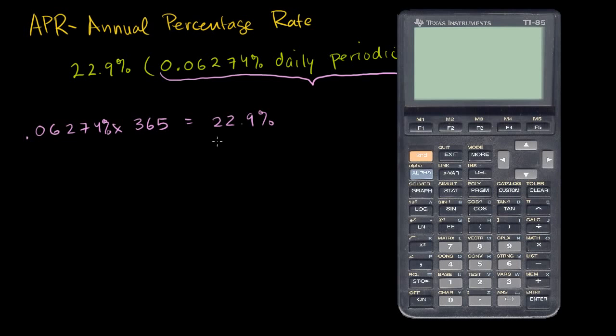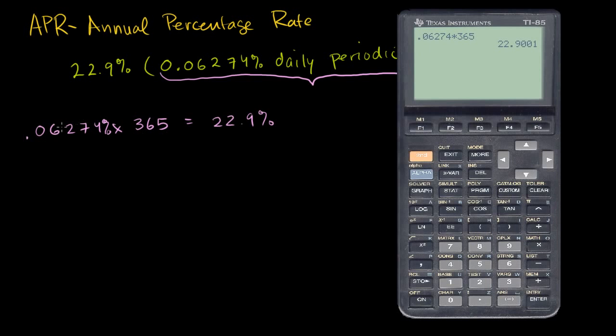I'll take 0.06274, and remember this is a percent, but I'll just ignore the percent sign, since as a decimal I would add 2 more zeros. But 0.06274 times 365 is equal to, right on the money, 22.9%.